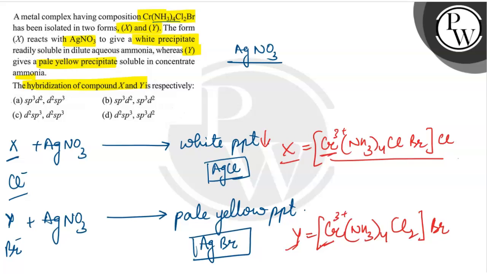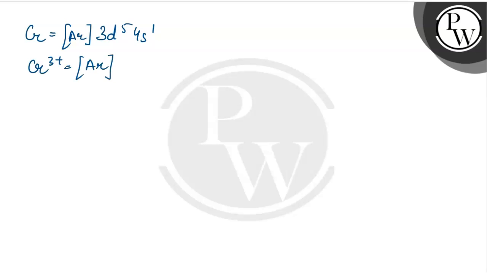The electronic configuration of normal chromium is Ar 3d5 4s1, and for chromium 3 positive we have Ar 3d3 4s0, with three unpaired electrons.